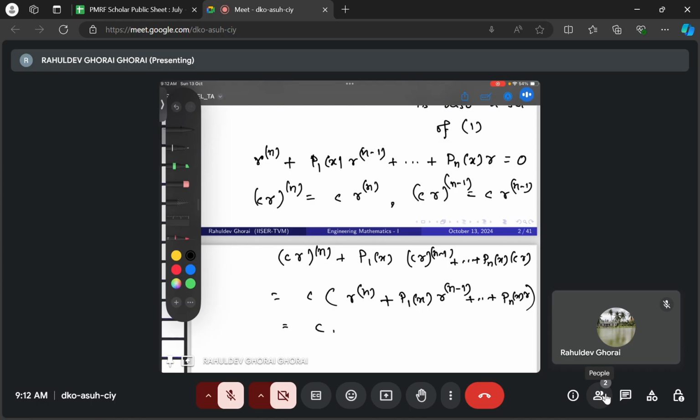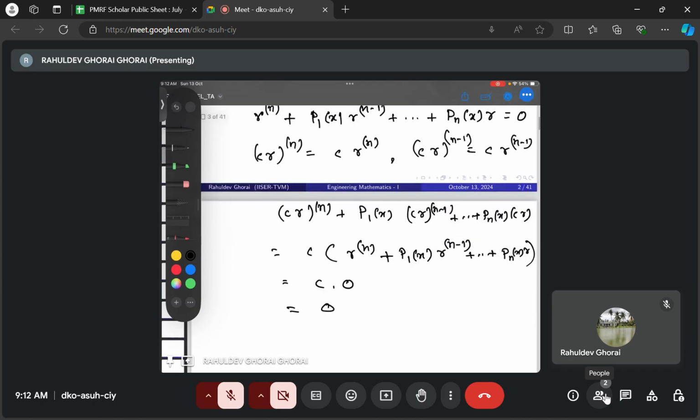This is C times 0, because R is a solution, so it is 0. So CR is also a solution.